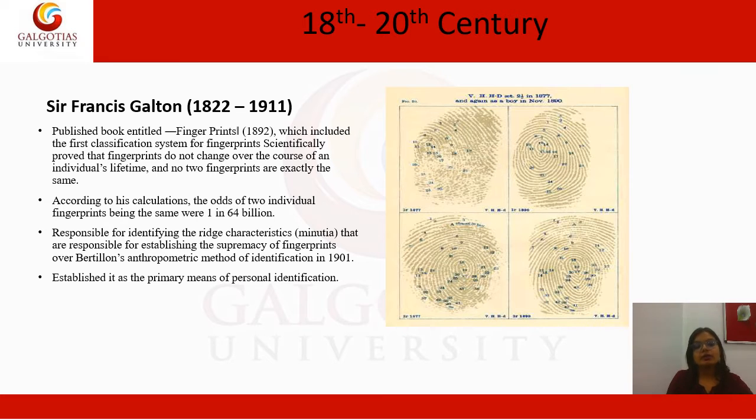According to his calculations, the odds of two individual fingerprints being the same were 1 in 64 billion. He was also responsible for identifying the ridge characteristics, also called minutiae, which helped establish the supremacy of fingerprints over Bertillon's anthropometric method of identification in 1901. He also established the primary means of personal identification.